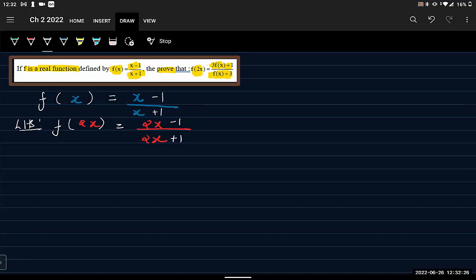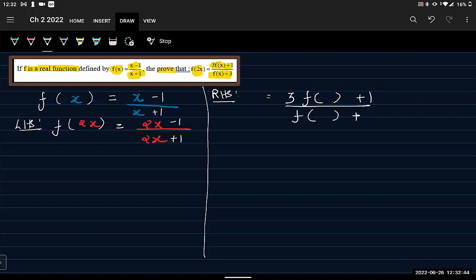Now in our RHS, it is given 3 times of f of x plus 1 upon f of x plus 3.